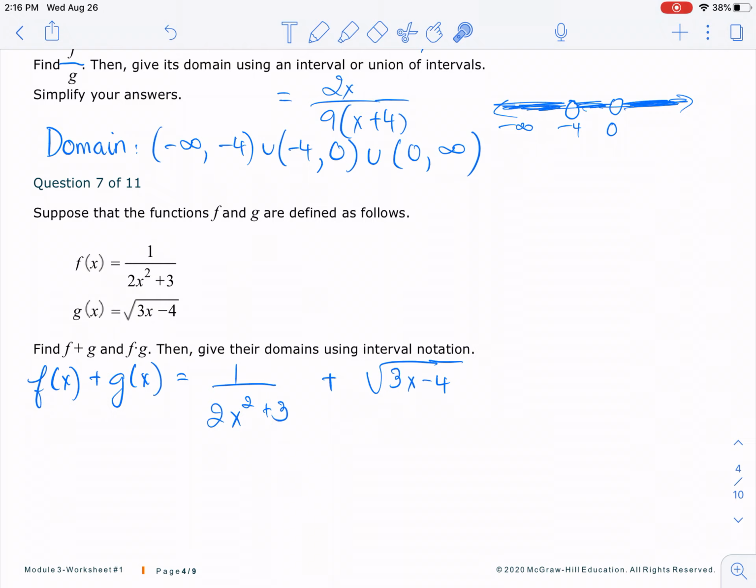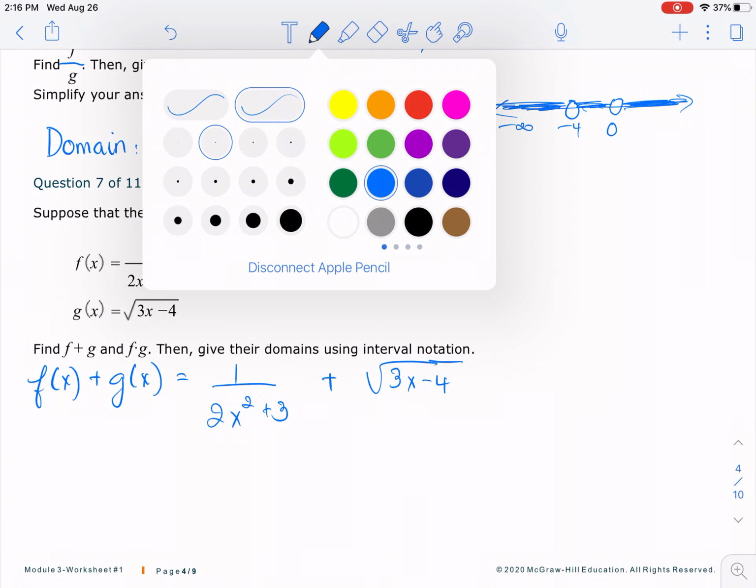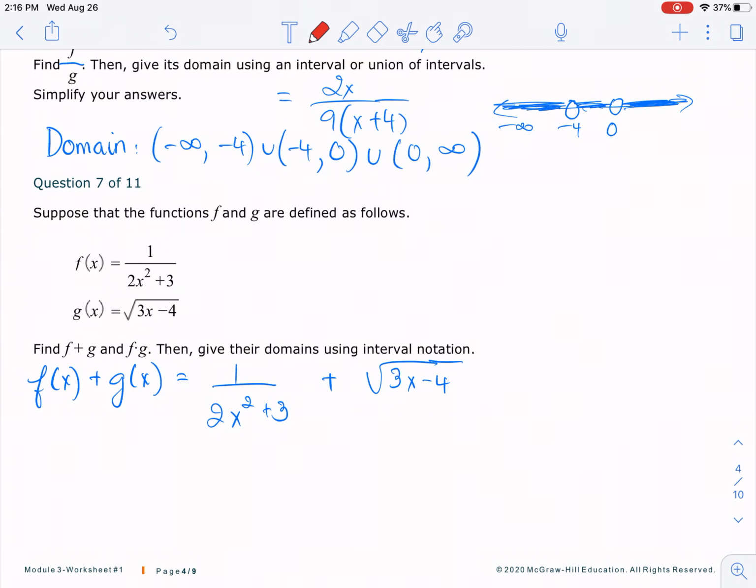Now, one more thing about the bad values is the square root function. The square root function doesn't take negative numbers. So you're going to have to take care of this portion of the function. So how do we do that? We want to keep that function positive. We can include 0. So when we solve it, we ended up with 4/3.